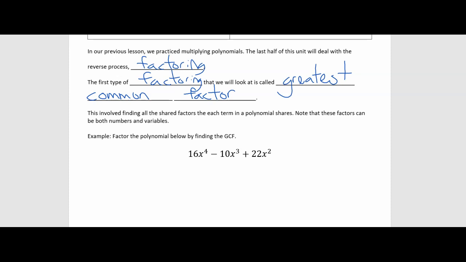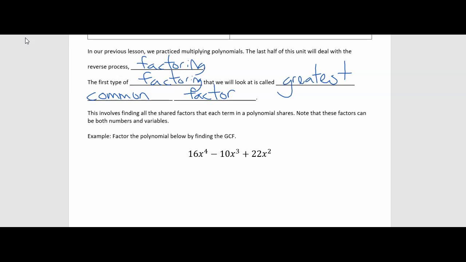This involved finding all the shared factors that each term in a polynomial shares. Note that these factors can be both numbers and variables.